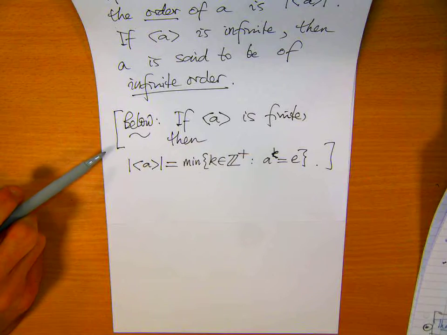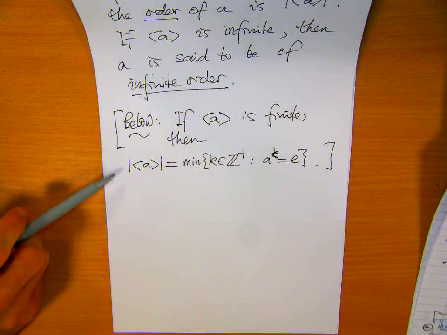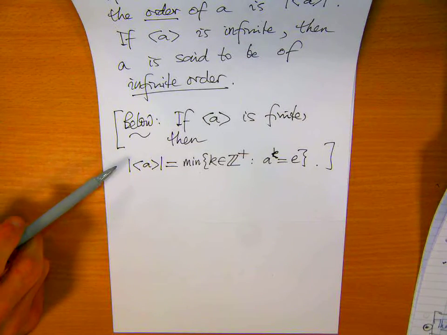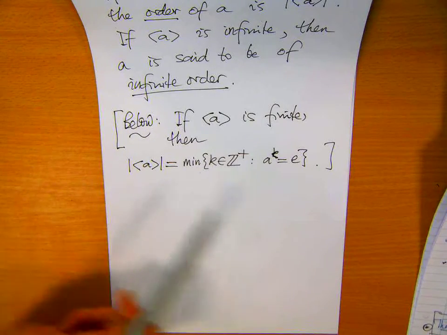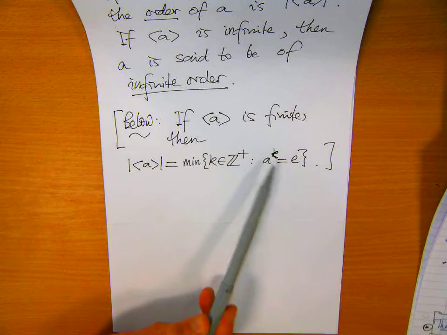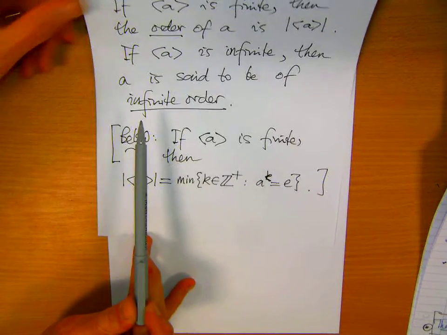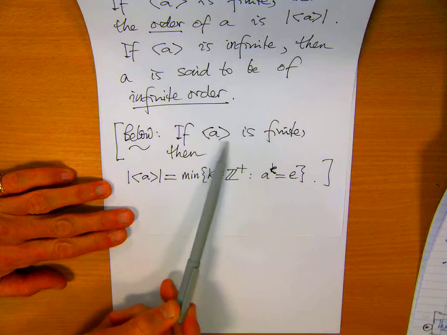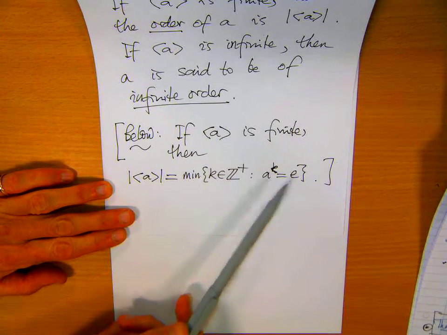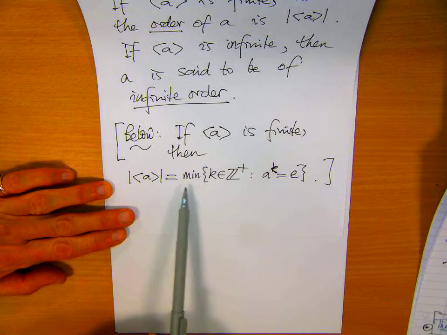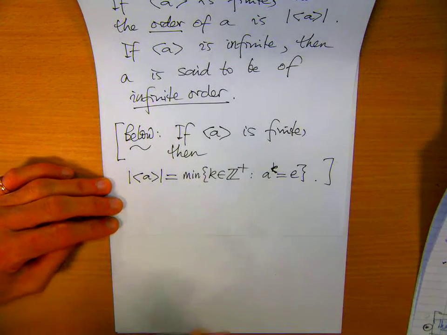There was a tutorial question last week that showed that if you had a finite group, then for any element there had to be some power such that A to the K was the identity. So in particular, in this finite group, there must be some positive power for which A to the K is the identity, and the smallest one will turn out to be the order. As I said, we've seen that already in examples.